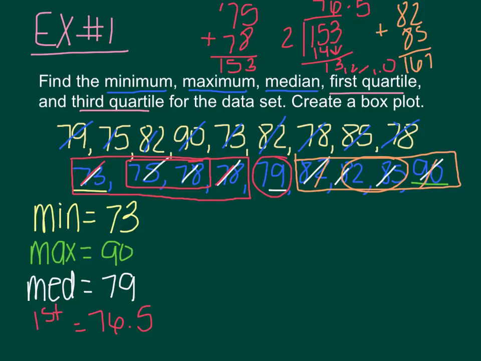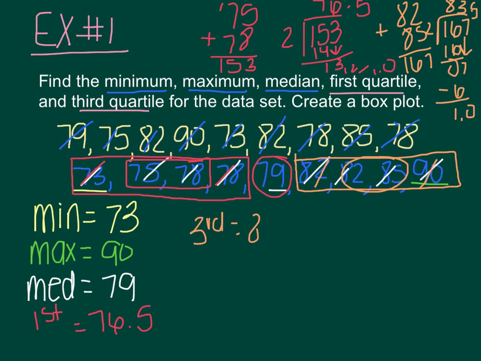Divide by 2. Add a decimal and a 0, and we get 83 and 5/10.